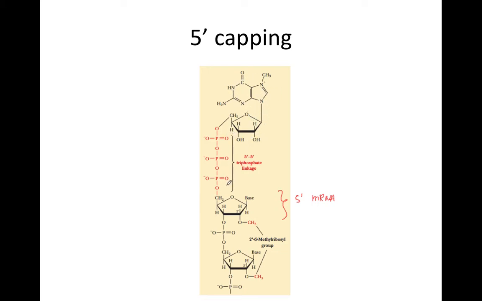Altogether they form a triphosphate linkage, which is unusual for exonucleases because exonucleases can only act on a monophosphate or a phosphodiester linkage, whereas the one shown here is a triphosphate linkage. That's why it makes the mRNA resistant to cleavage.